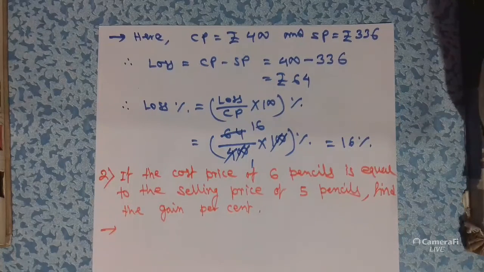So here the cost price of 6 pencils is equal to the selling price of 5 pencils. Find gain percent.